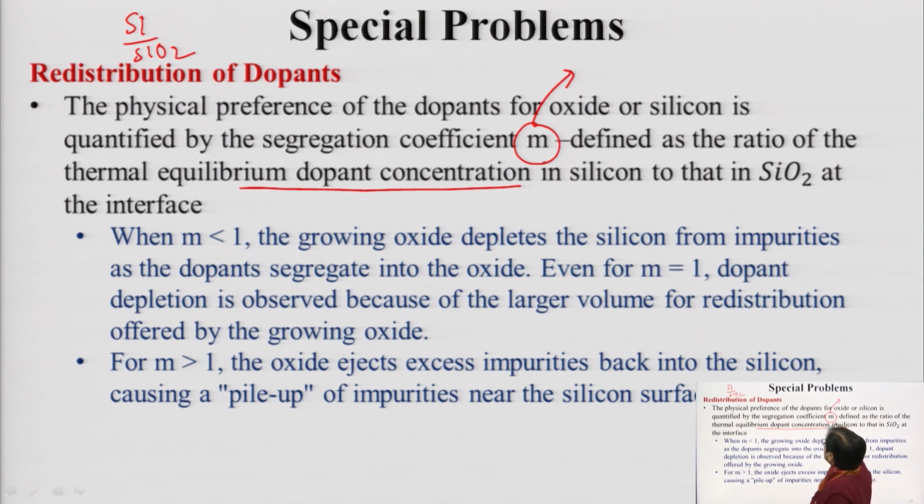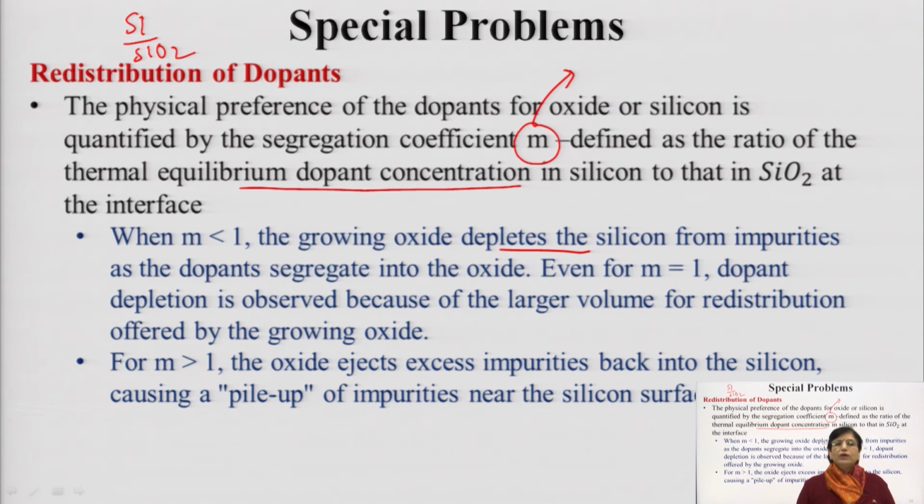Now, this segregation coefficient is basically the ratio of thermal equilibrium dopant concentration in silicon to thermal equilibrium dopant concentration in SiO2. If the value of m is less than 1, then the growing oxide depletes the silicon of impurities as the dopants segregate into the oxide.